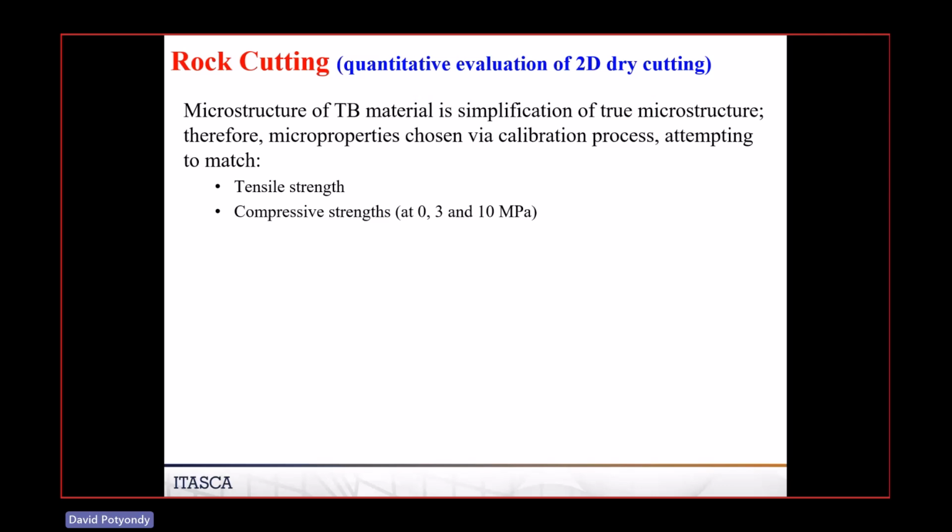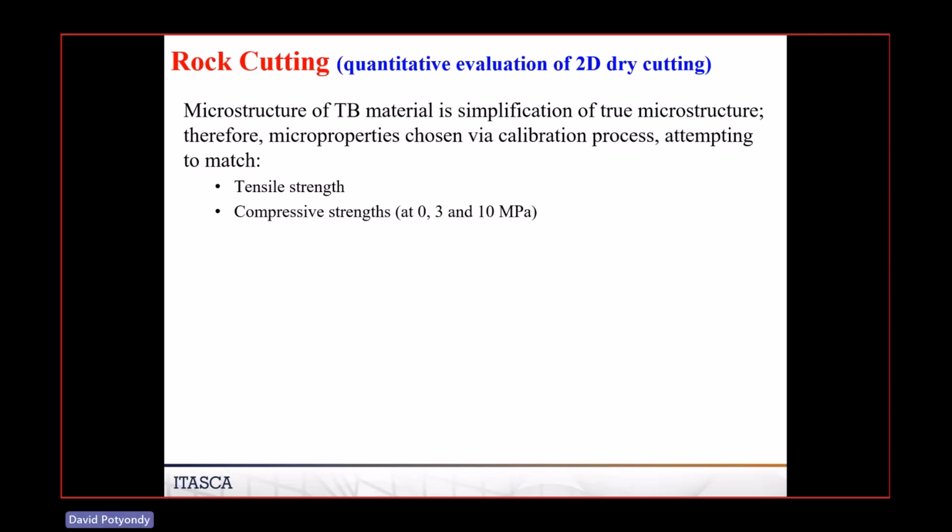And the typical things we try to match when we do representations of rock is weak in tension, so we want to match the tensile strength, and we want to match the behavior under confinement, and not only UCS at 0, but confinements here, like results of triaxial tests, right? Because as you know, when you apply confinement to rock, it gets stronger, and the amount that it gets stronger can be related to the internal angle of friction of the rock.